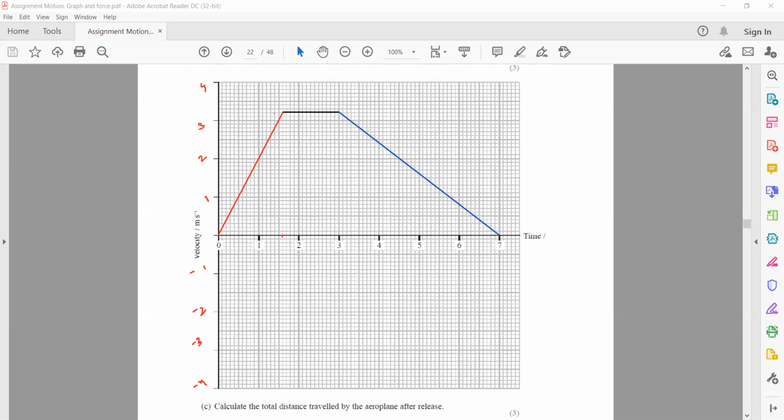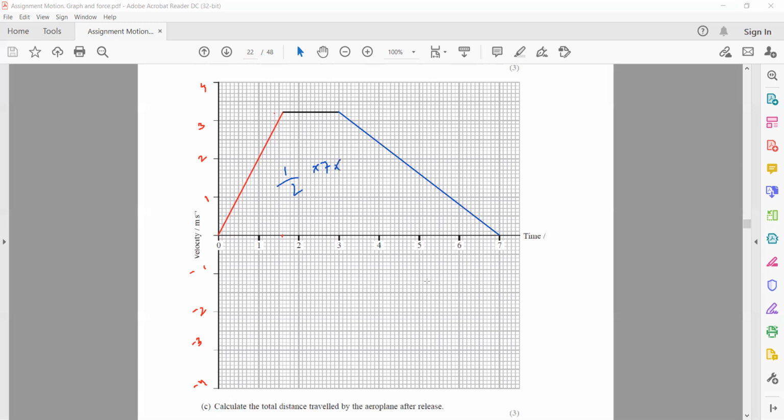So how to calculate the distance traveled? Distance traveled is the area under the graph. So you can take a trapezium, half the sum of the parallel sides times the height. The longer parallel side is 7, and the shorter one starts from 1.6 and ends at 3, so this is 1.4.